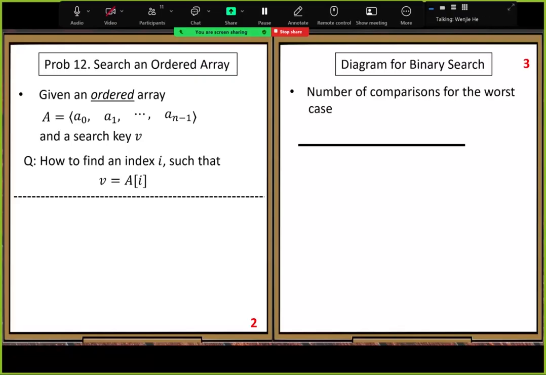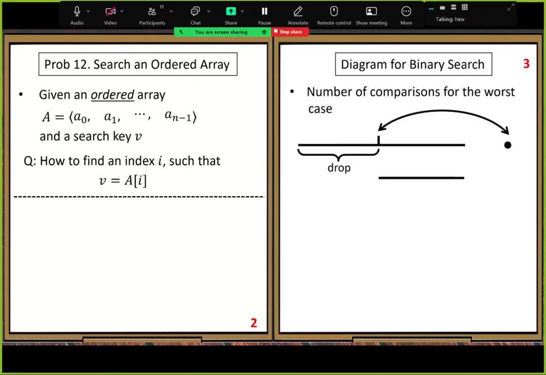Let me use a diagram to show this process. After the first comparison in the middle, we drop one of the two subarrays because we assume they are evenly distributed, almost the same size.